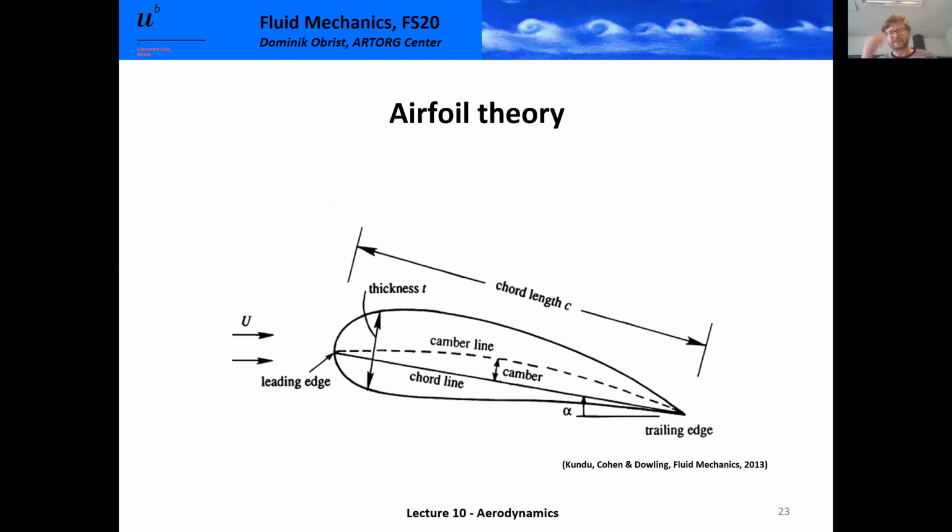Now, in order to understand what the flow looks like around such an airfoil, there's a beautiful theory based on the potential flow theory. And this theory becomes a bit complicated mathematically, and I'm not sure we're going to go through all the details, but at least I want to give you an idea. It is based on the complex potential.